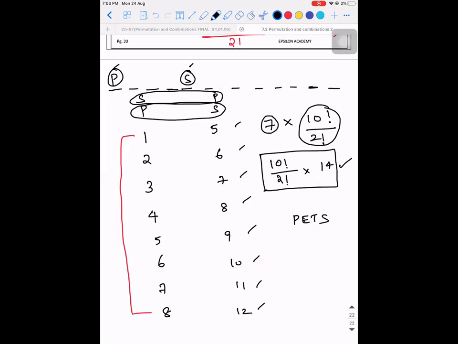So I'm taking pets. I'm saying P and T should be placed in such a position that there are always 2 letters between them. So 1, 2, 3, 4. If P is placed here, T is placed here, then you can put E and S in between. Am I right?